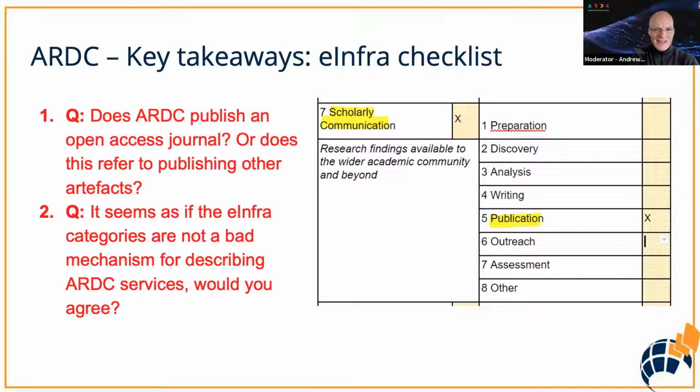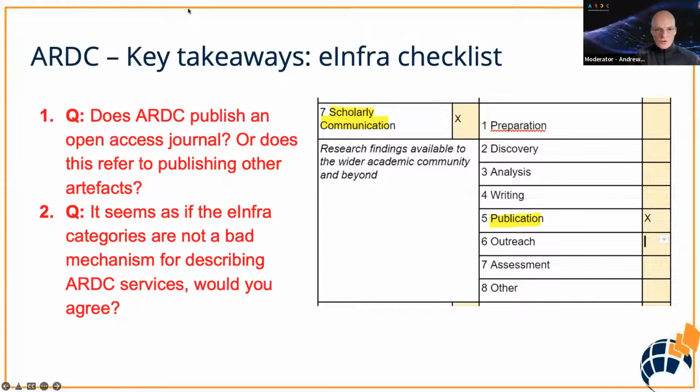Sarah, remind me again where the E-Infra checklist came from? I think out of one of the EOSC projects, because E-Infra is very much like the European way of describing things. And I think Karen had taken an input there and then tweaked it so we could use that as a basis.